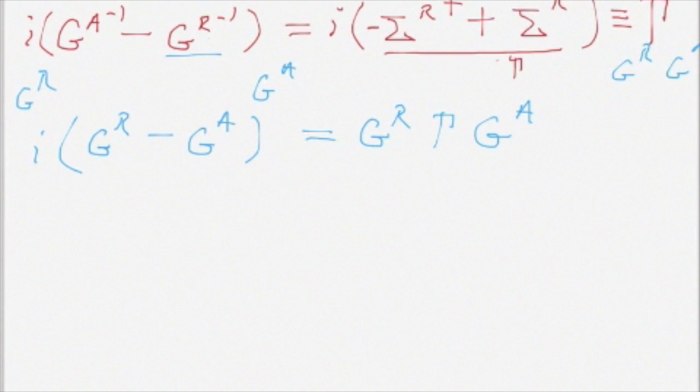The right-hand side is trivial, which is all equal to our spectral function. Do you see what I did on the left? Just multiplied that term in parentheses by G^R on the left and G^A on the right. And it works whether they're matrices or scalars.